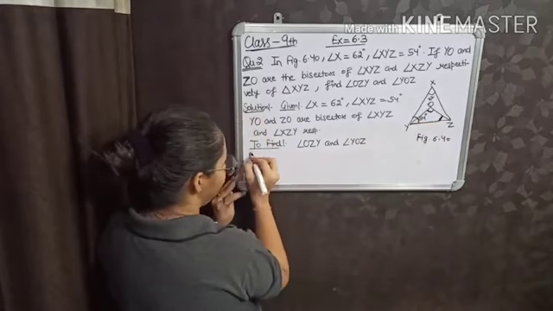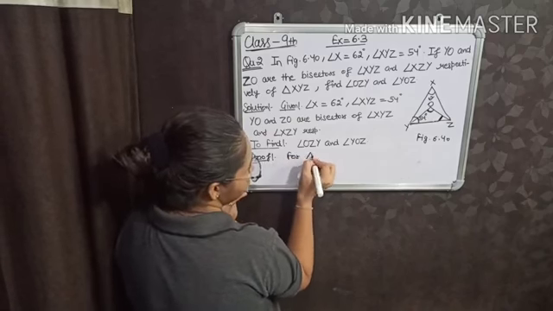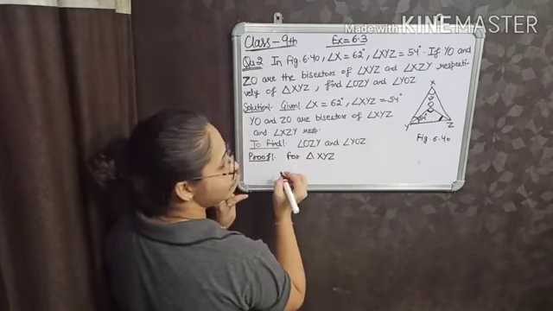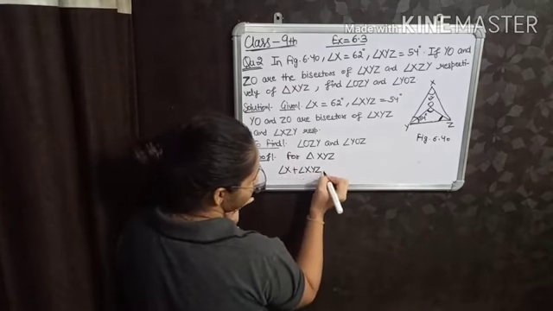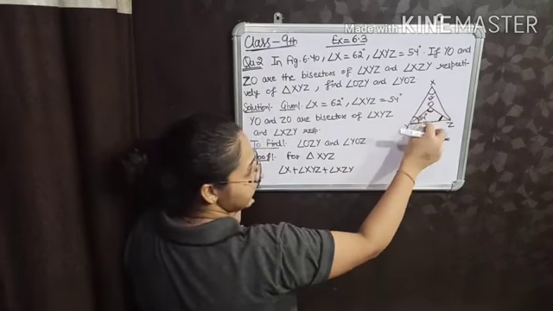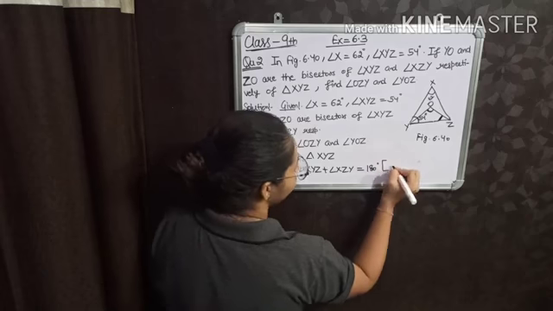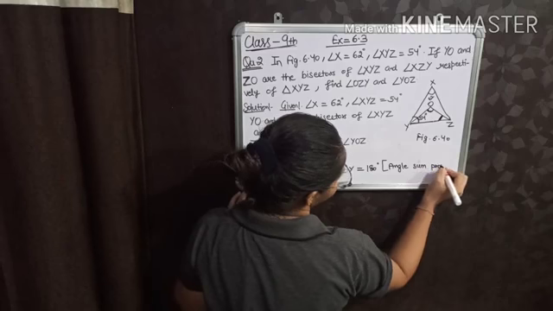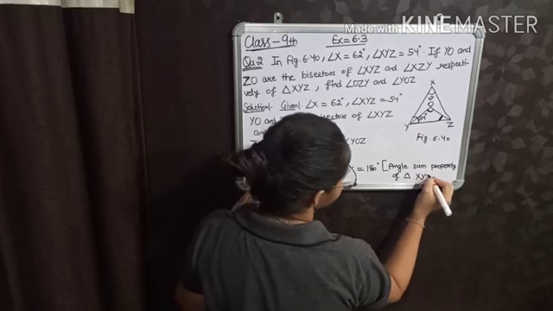So I can write proof: first for triangle XYZ, apply the angle sum property. Angle X plus angle XYZ plus angle XZY, this angle plus this complete angle plus this bigger angle, is equal to 180 degrees, because of the angle sum property of triangle XYZ.